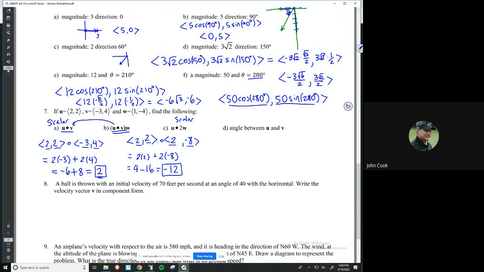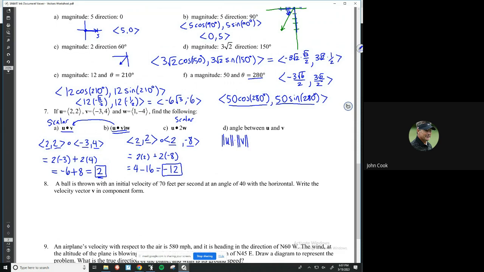Then last one, D, find the angle between these two vectors. Oh, crap. How do you do that one again? I think it's like the magnitude of U times the magnitude of V. And then it's like times the vector in between them. Or no, times the angle between them.